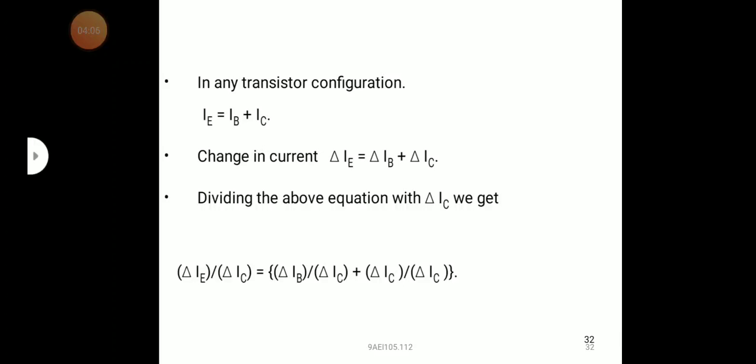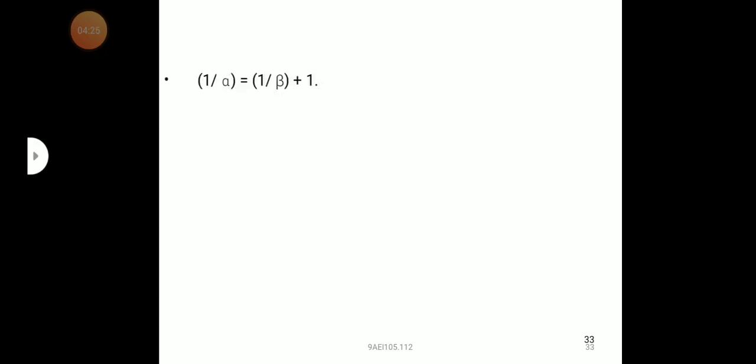So what we are getting is delta IE by delta IC, which we know is 1 by alpha, and delta IC by delta IB is beta. So 1 by alpha equals 1 by beta plus 1.